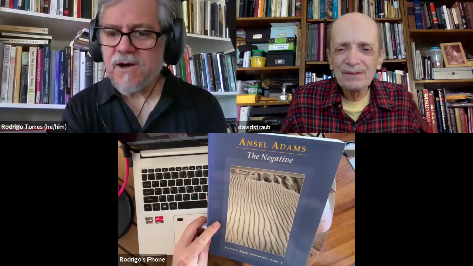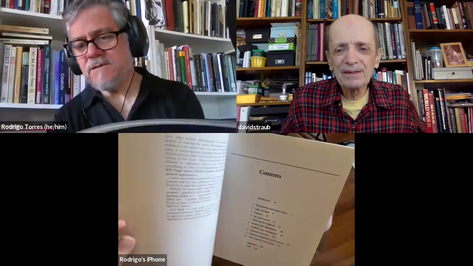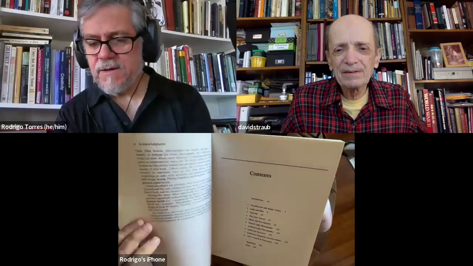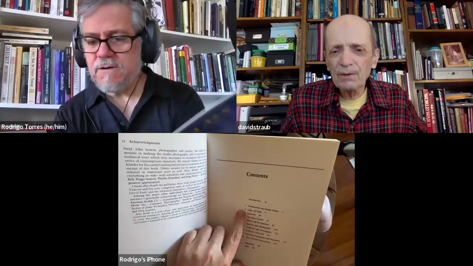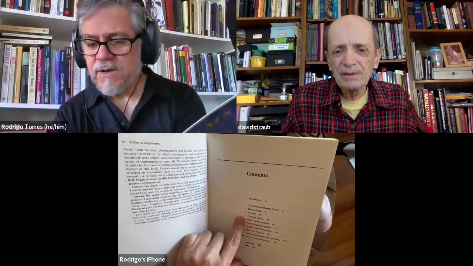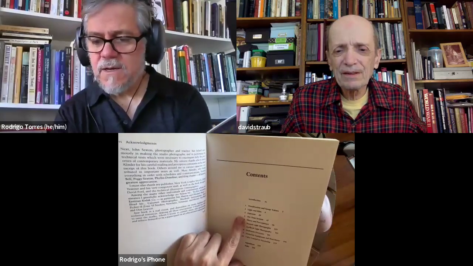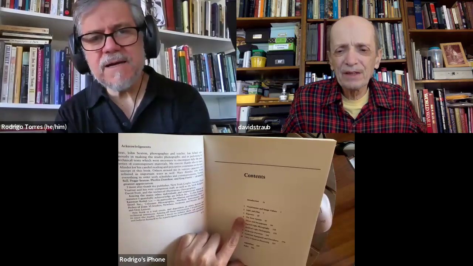There's one that's called The Print that I don't have. He doesn't talk about these elements. He talks about light and film exposure, the zone system, which I'm curious about. I know the zone system is complicated, right?